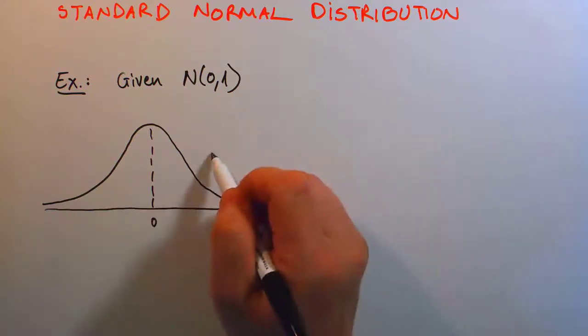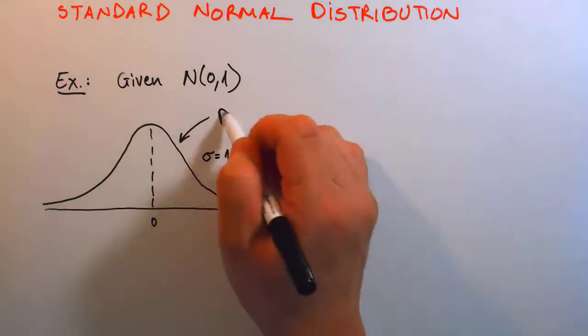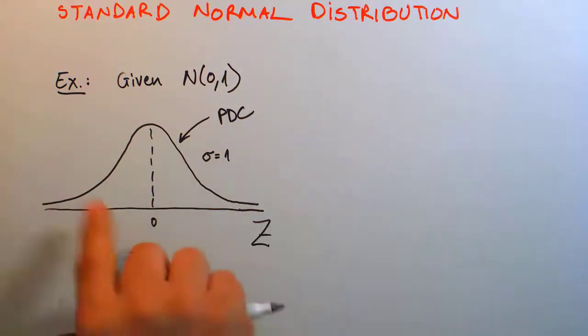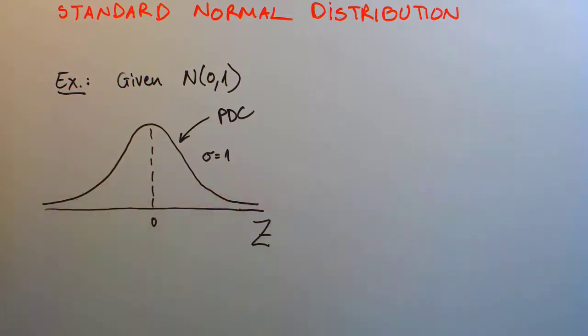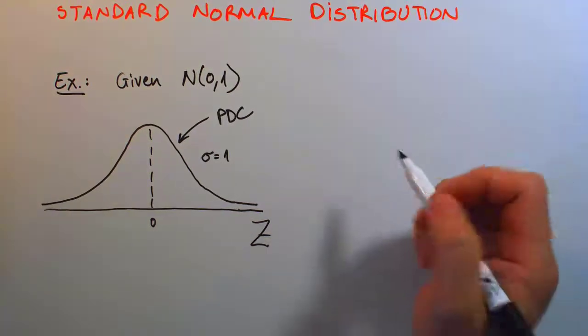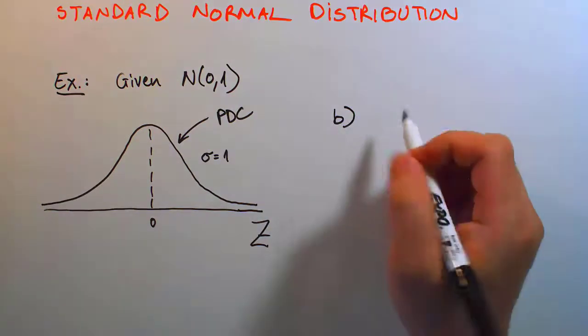We have a known standard deviation of 1. And this is the PDF for that. And constantly remind yourself, even though we don't need to shade it in, that the total accumulated area here is 100%. So, question B of the example now.